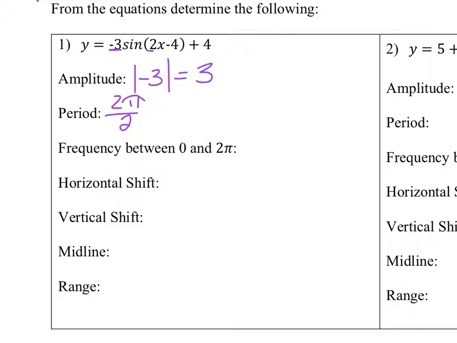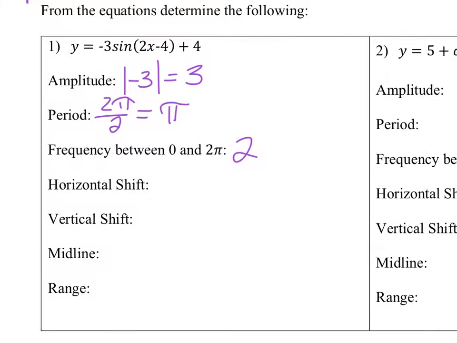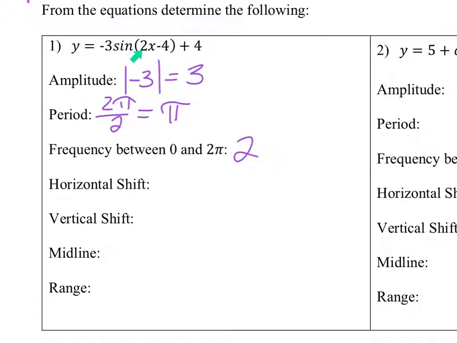And so 2 pi over 2, so that would just be pi. The frequency between 0 and 2 pi, well, that's just that guy. The horizontal shift, well, this is where you have to decide, is the 2 right next to the X, or is it separated by a parenthesis? Well, in this case, it's connected to the X directly, so I have to change the sign of the 4, so it's a positive 4 over 2.